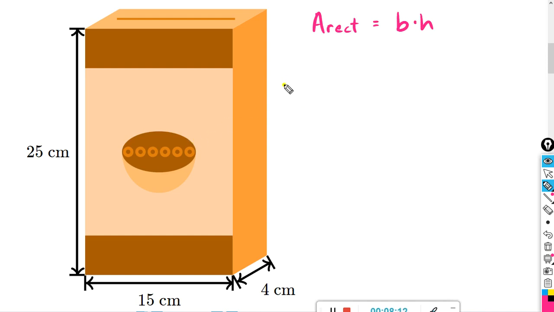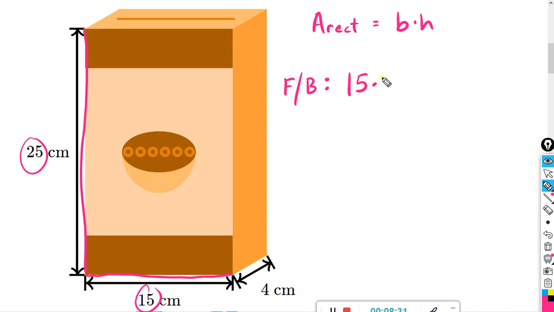The front and back are going to be the same rectangle. For the front and the back, the height is right here, 25, and the base is right here, that's 15. So that's just going to be 15 times 25, which is 375.